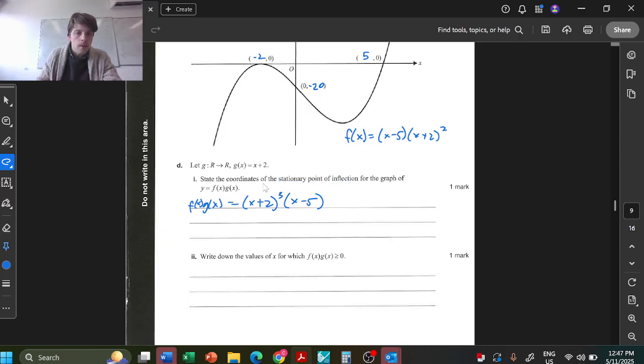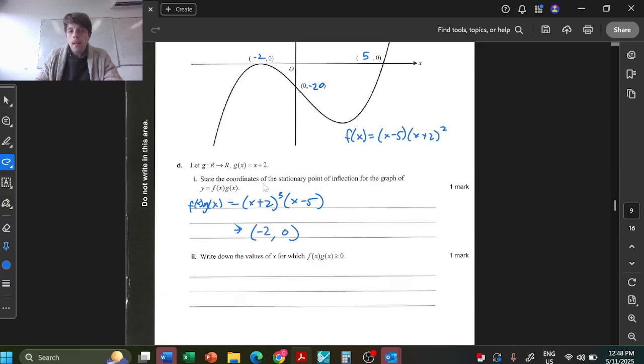We don't have to do any derivatives here. The stationary point of inflection is going to occur at this cubic power, x plus 2, which means that x is equal to -2. And when x is equal to -2, y is equal to 0. So the coordinates are -2, 0.